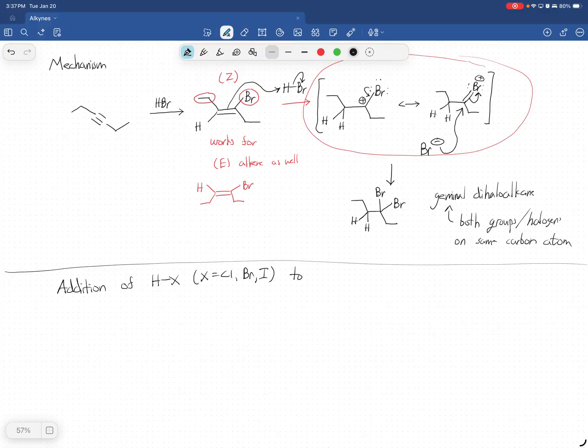Okay? Two terminal alkynes. All right. So terminal alkyne, instead of a carbon here, you have an H. So let's write the H here, just for illustrative purposes. All right. Let's use HI.